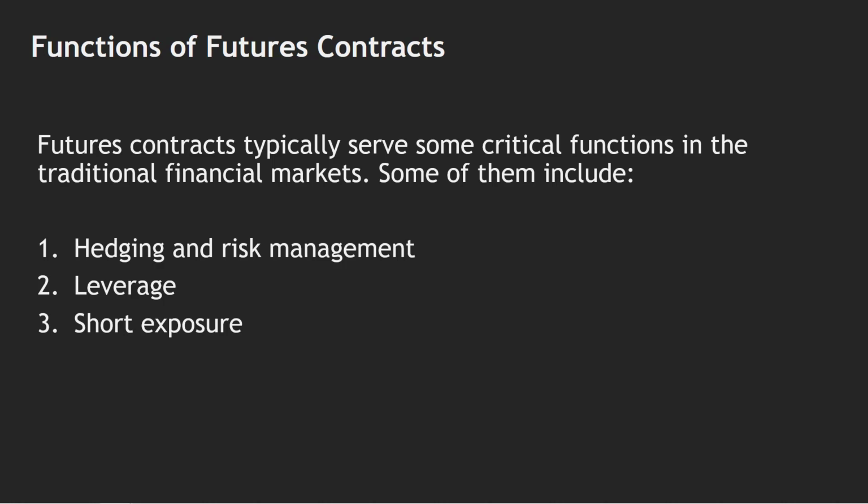Another function, short exposure. Futures contracts also allow investors to take a short exposure to an asset. A trader or investor could decide to sell futures contracts without needing to own the underlying assets.